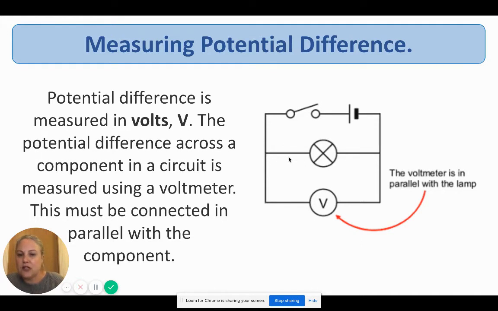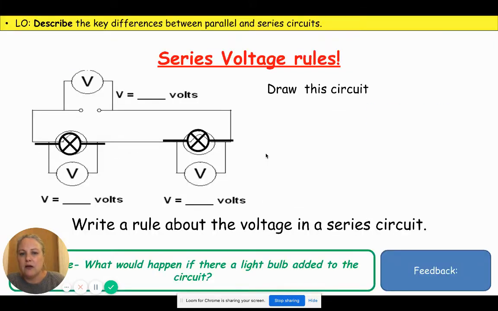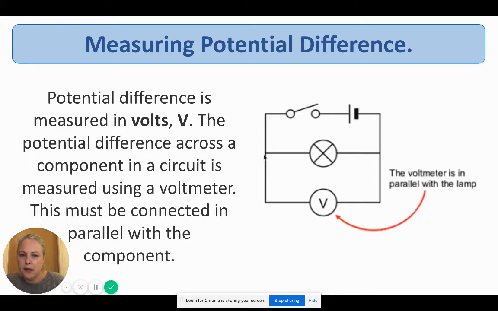So I can measure the difference between the 2 points. Over here, we've got 6 volts. Those electrons are carrying 6 volts of energy. Over here, how much energy are they carrying? That's right, nothing, because they've delivered it all here. So the difference between 6 and 0 is 6 volts.